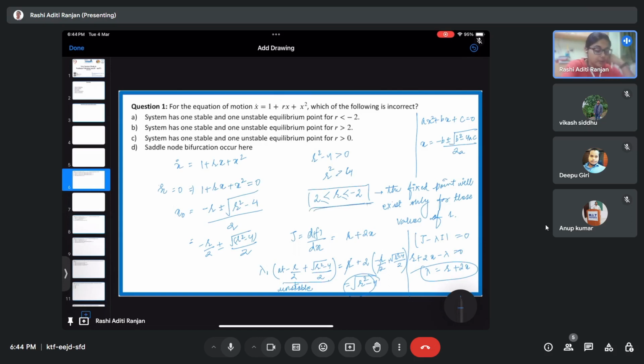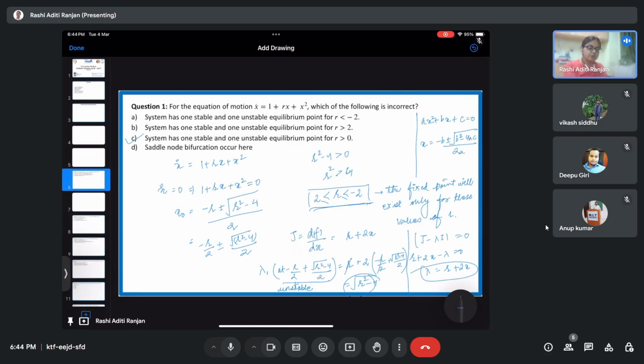System has one stable and one unstable equilibrium point for r greater than 2. This is also true. System has one stable and one unstable equilibrium point for r greater than 0. Well, this is the incorrect option, because for r greater than 0 it is not true. It is only true if r is greater than 2 or less than -2. So this is going to be the correct option.